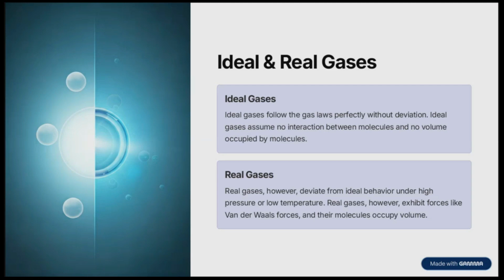So for real gases, this is actually true in most cases. But there are points where you change some parameters in these gases and you find out that it's not that they don't have size, but just that their size is very, very small, and it will be noticeable under specific conditions.